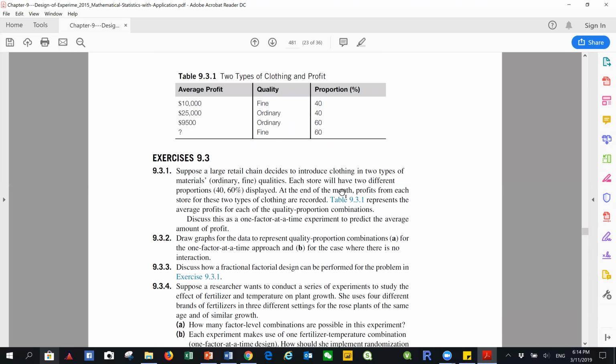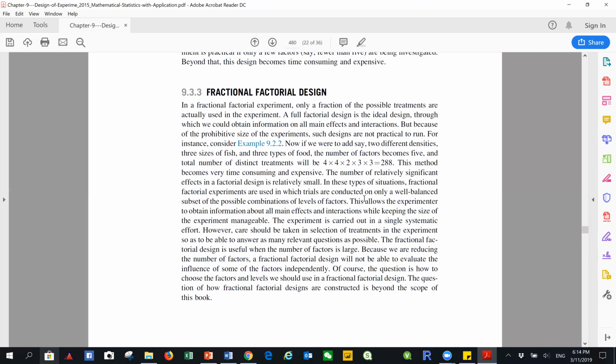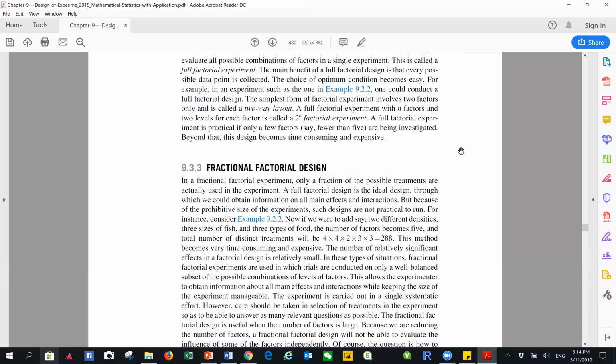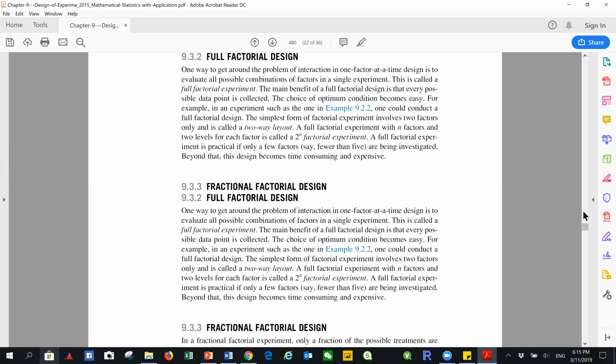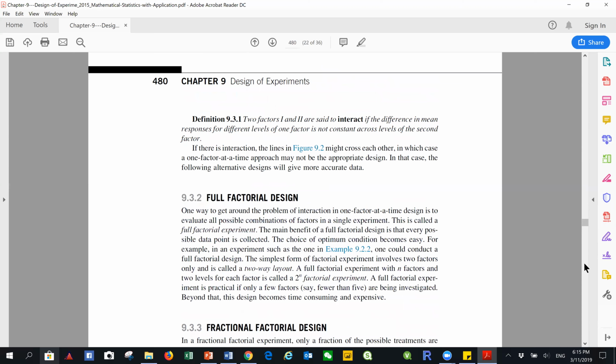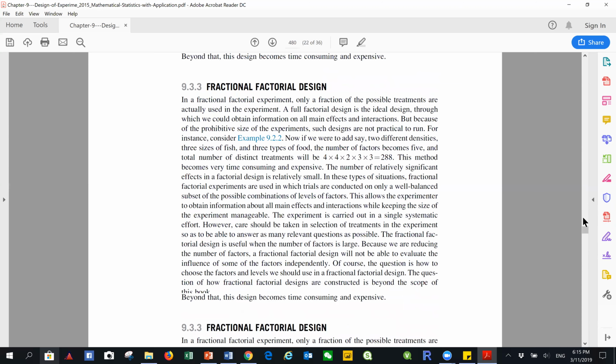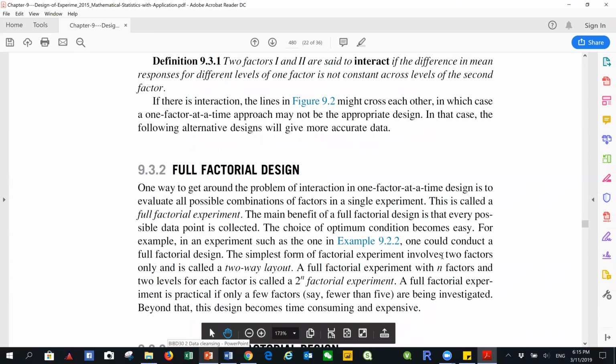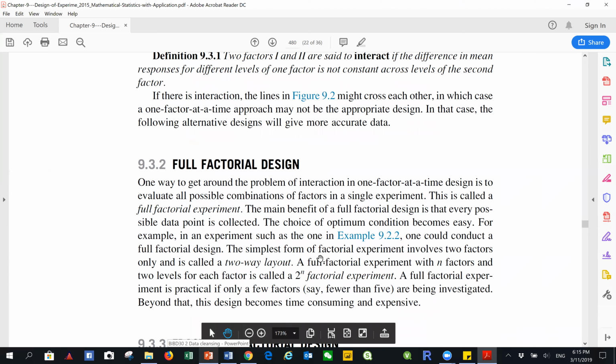One way to get around the problem of interaction in one factor at a time design is to evaluate all possible combinations of factors in a single experiment.